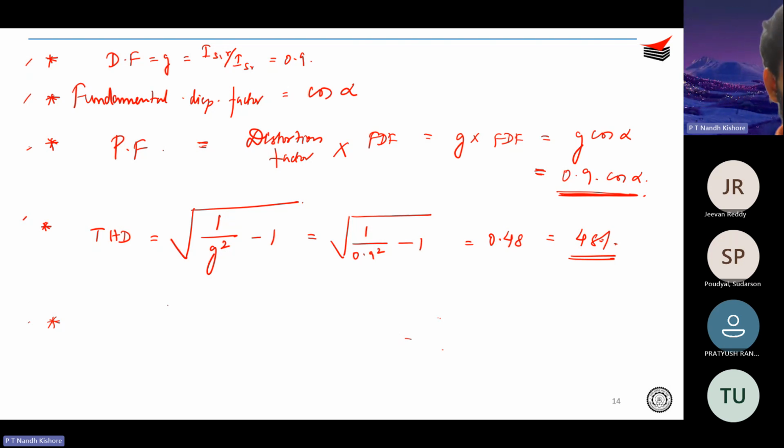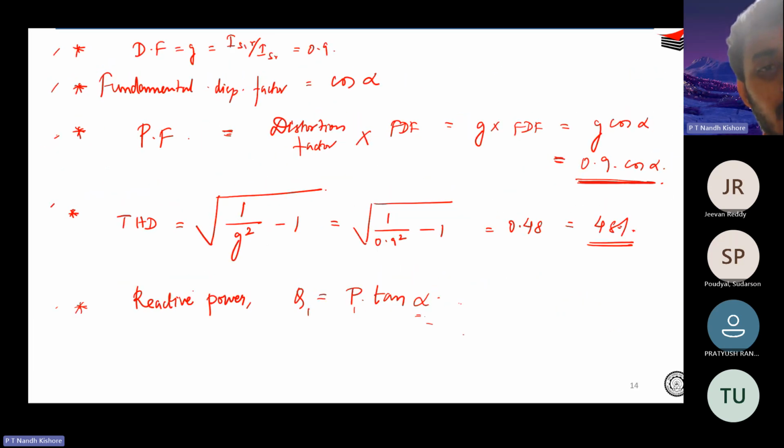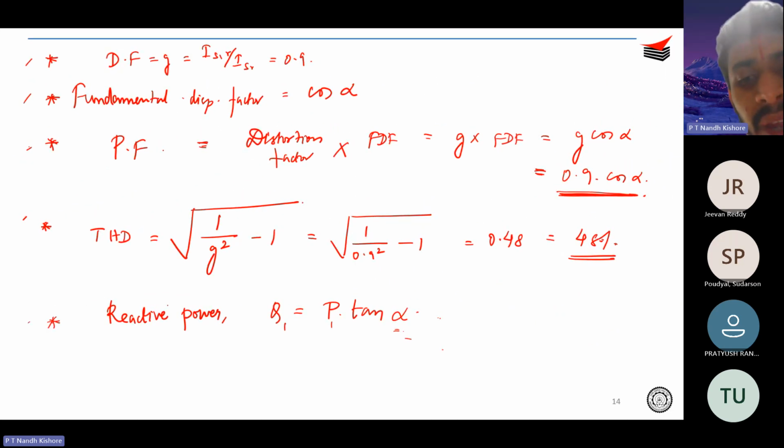So what would be that reactive power? It is P into tan alpha. Of course, I'm talking about the fundamental. Only then it's tan alpha, or else you need to consider this entire power factor expression. So this is P into tan alpha, that's your reactive power.